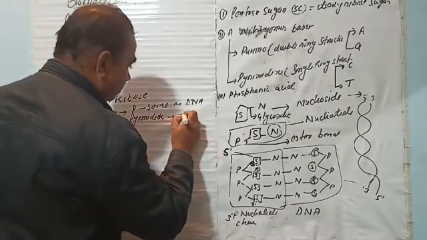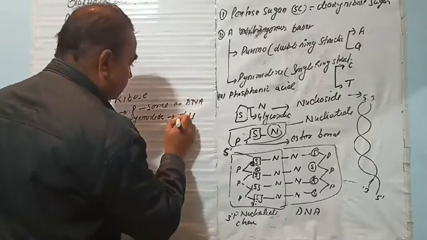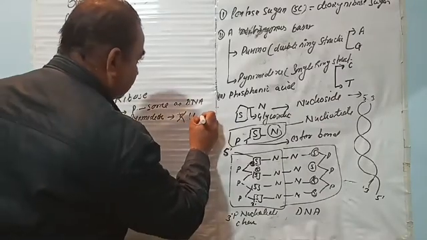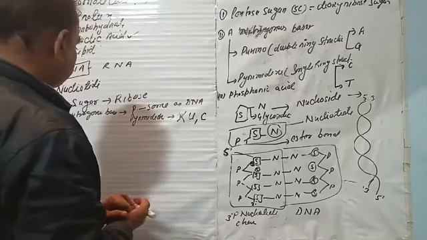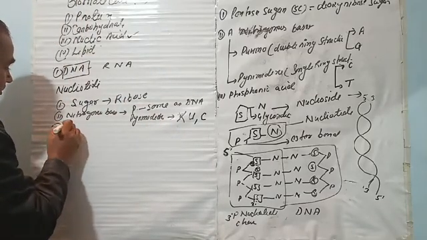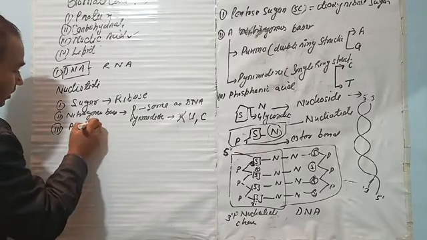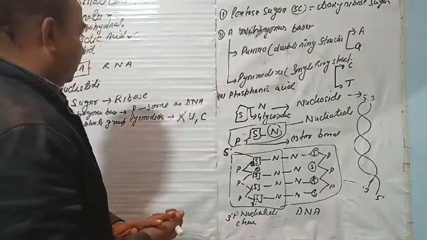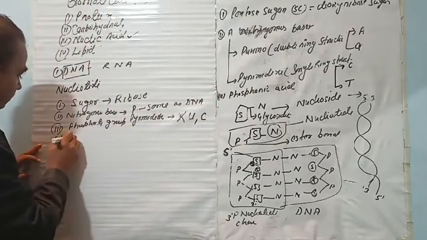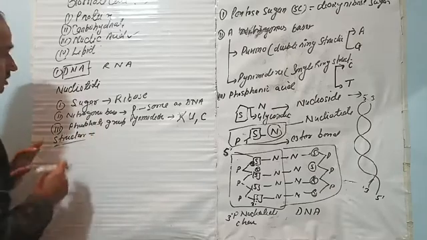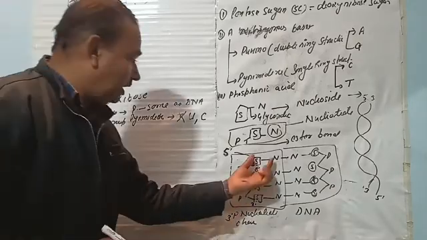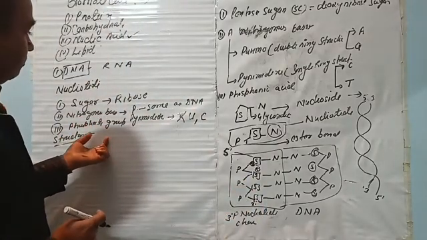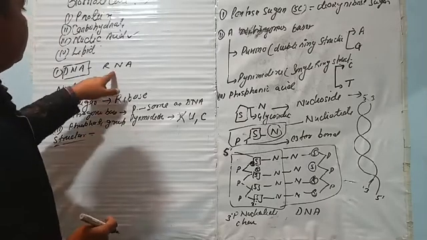Instead of thymine, uracil is found, whereas its second component is cytosine. And the third component, that is the phosphate group, is the same as DNA. And the structure of RNA is a single strand, so ultimately a single polynucleotide chain forms the molecule of ribonucleic acid or RNA.